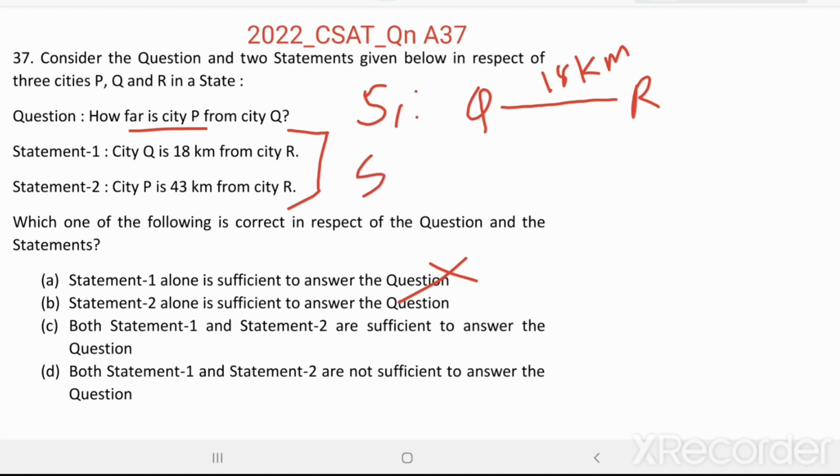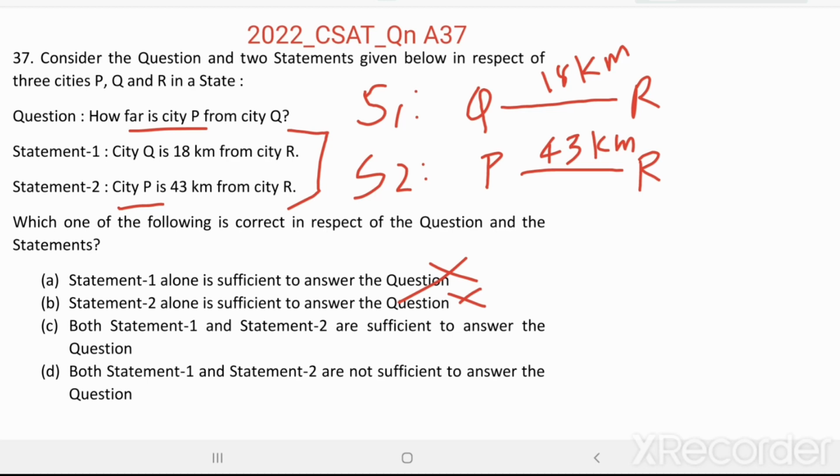Now see the second statement. City P is 43 km from city R. So from the second statement alone, we cannot find the distance between city P and city Q. Therefore, statement 2 alone is not sufficient either. This also we can eliminate.